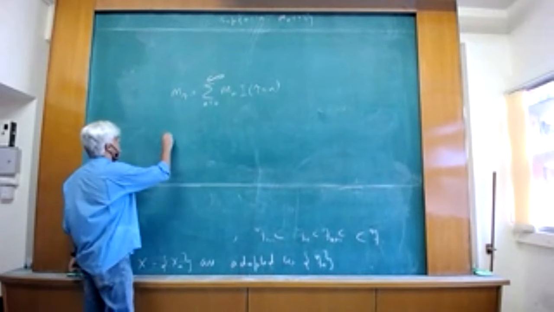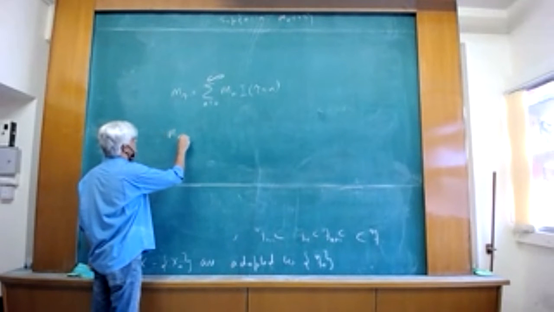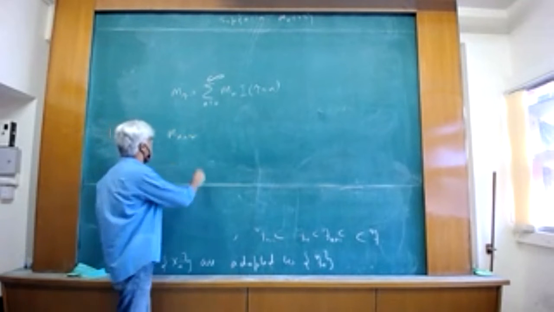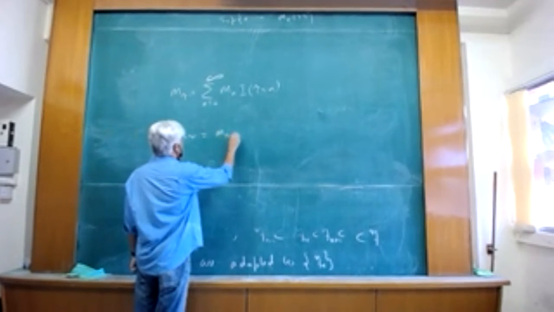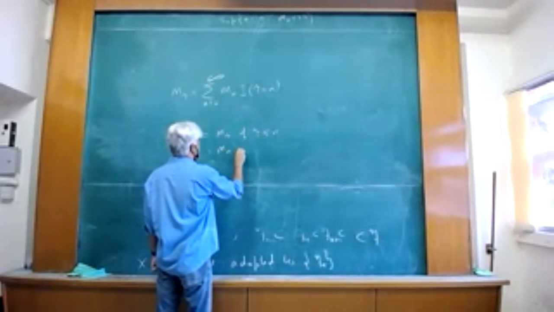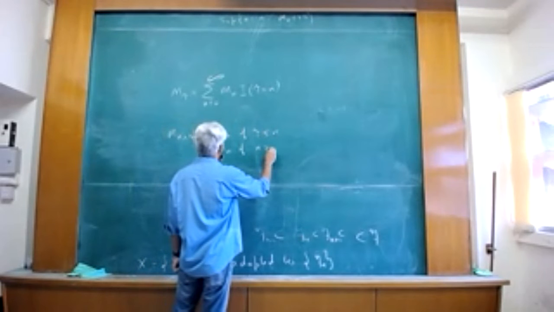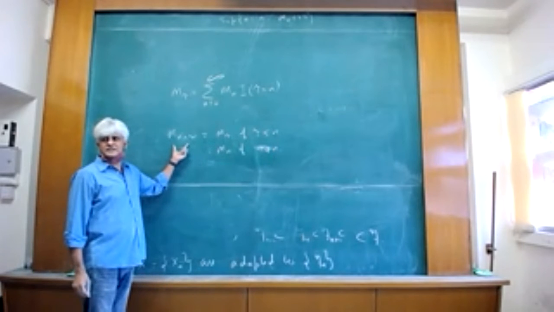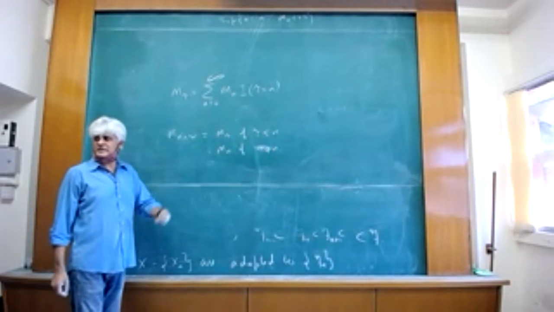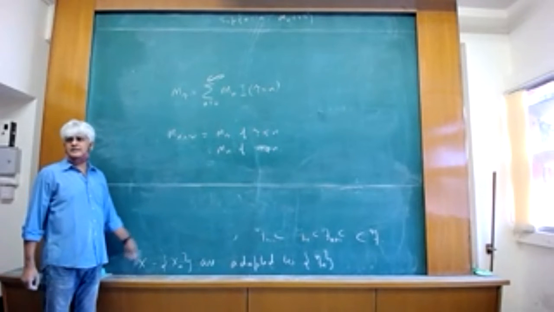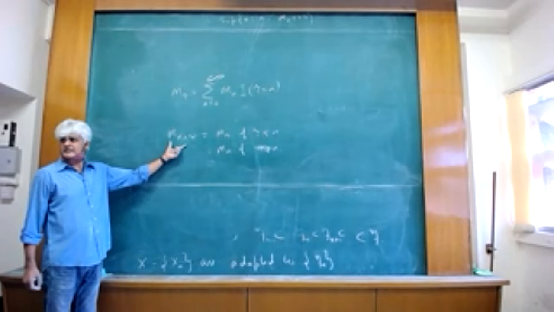I also define M of n min tau, which is equal to M of tau if tau is less than or equal to n, and M of n otherwise. This is called a stopped process. What we'll see is that if M_n is a martingale, then the stopped process is also a martingale.